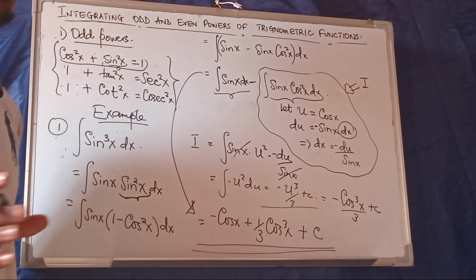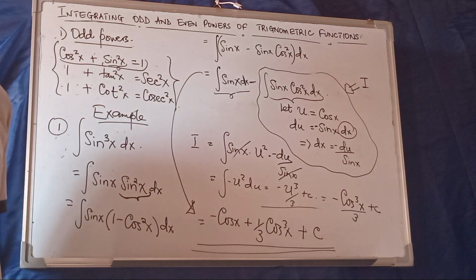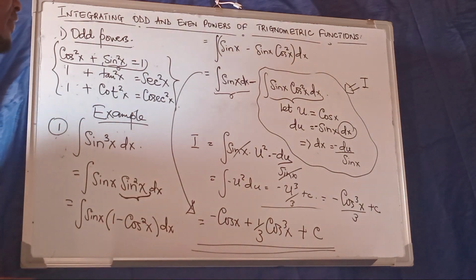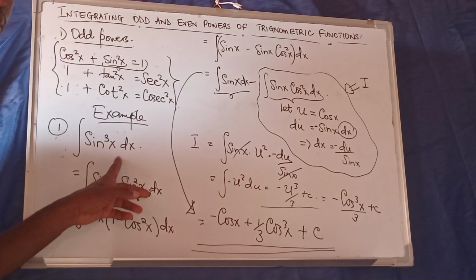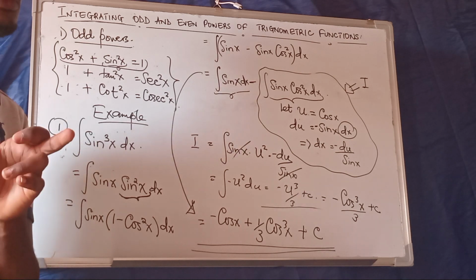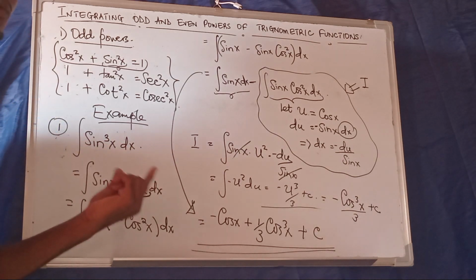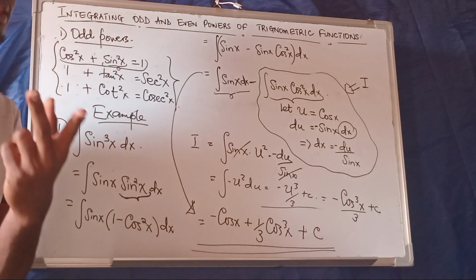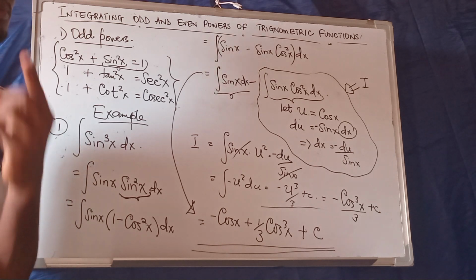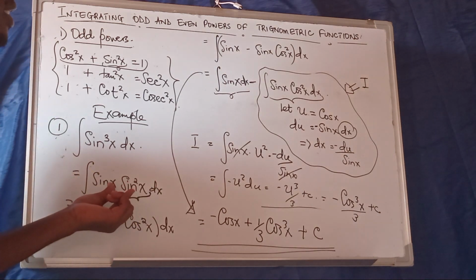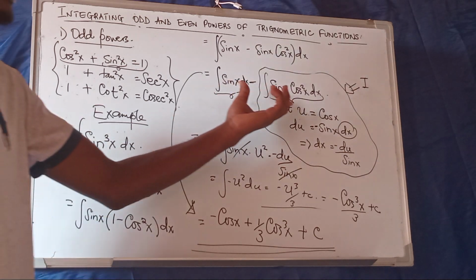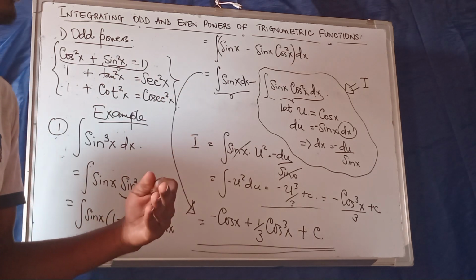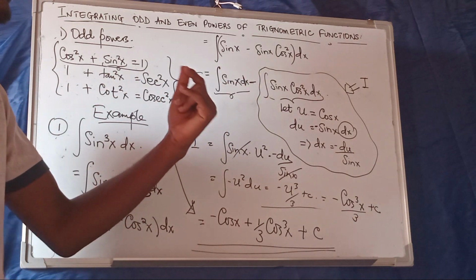So the thing here is to know the steps that you're supposed to follow, which will make your work easier. So I've said that when you have an odd power, first express it in the form of a product of two. If it is sine, make it a product of two sine functions, one with an even power and another one with an odd power, and that odd power must be 1, such that it will create something like this, which you will need to handle that integral.